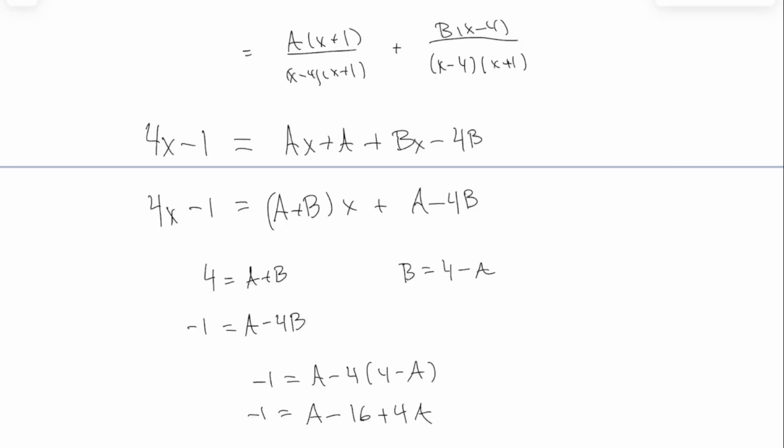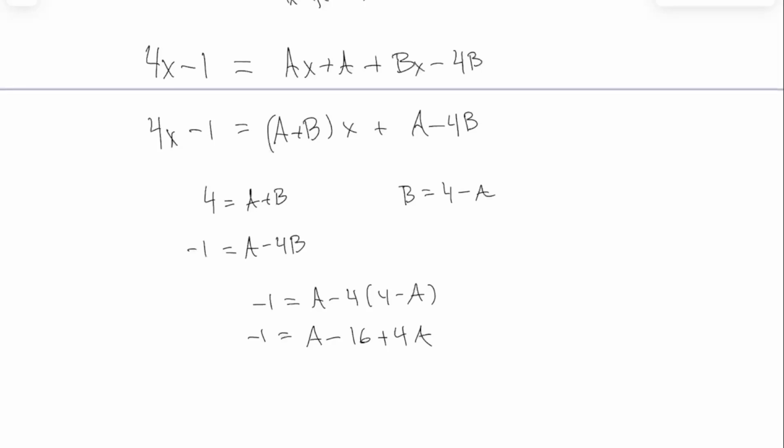Is that right? I think so. Add the 16, I get 15 on that side. Add the a's, and I get 5a. So a is 3. And b being 4 minus a means b is 4 minus 3, which is 1. All right?